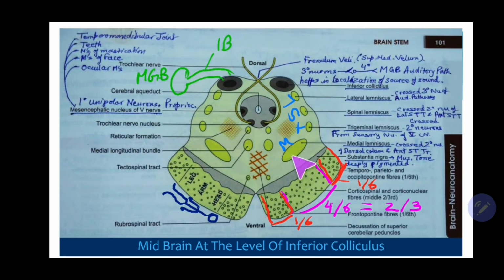These are carrying fibers from the dorsal column, right? So the fibers reaching here are actually the second order neurons carrying proprioceptive sensations from the body, maybe the upper half through fasciculus cuneatus, from the lower half through fasciculus gracilis, and then they reach here.